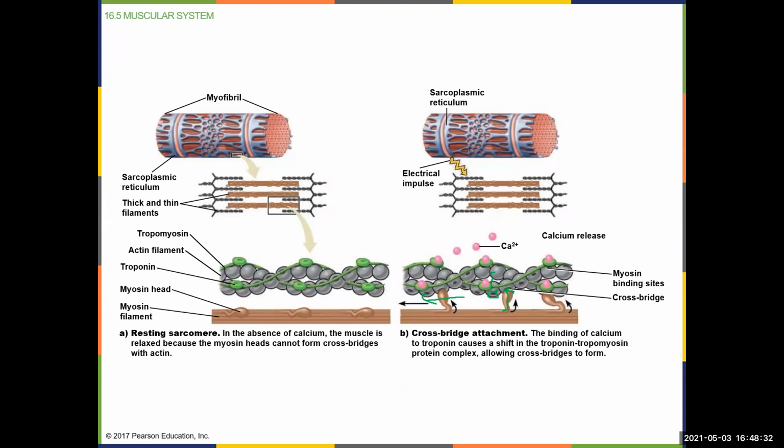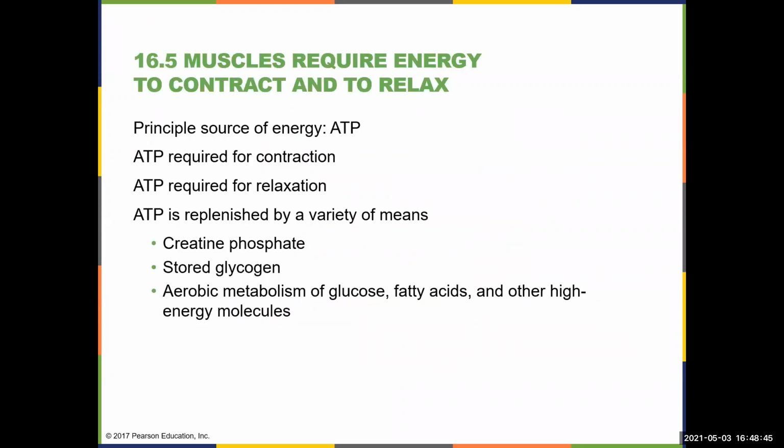Okay. And so we all know that we need energy to move, to walk, to run. Well, that energy is really required because muscles require energy to contract and relax. So ATP is needed for contraction, it's needed for relaxation, and you can replenish the ATP molecules through a variety of ways, through stored carbohydrates such as glycogen, through glucose, fatty acids, and other high energy molecules that are stored in our body, and then also through creatine phosphate.